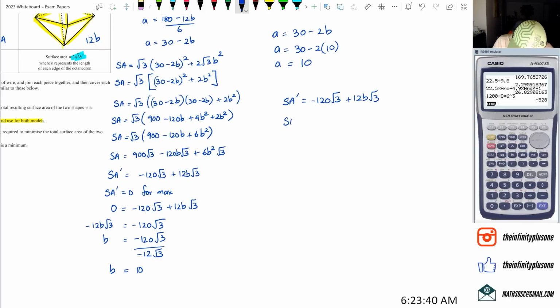If we differentiate it a second time, we get 12 root 3. Since the second derivative is always greater than 0, therefore it is a minimum.